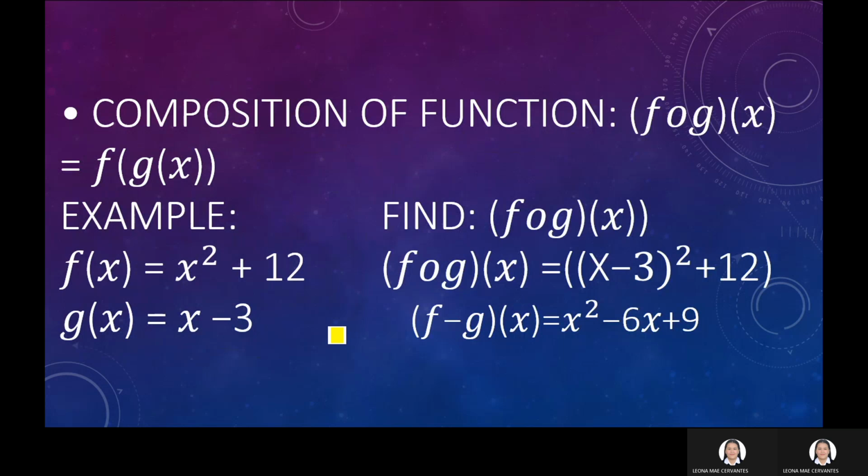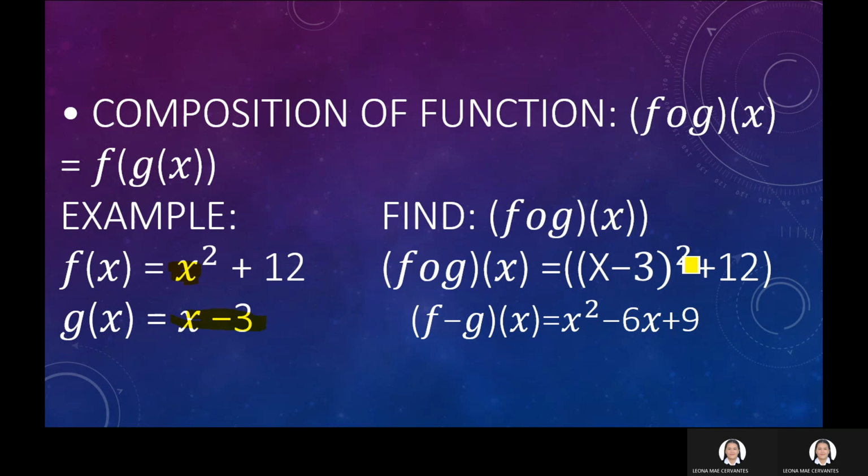For composition of function, we have again f composition of g of x is equal to f with g of x. So the value of f of x is x squared plus 12. For g of x, we have x minus 3. Again, we will substitute the value of x with the value of g of x.